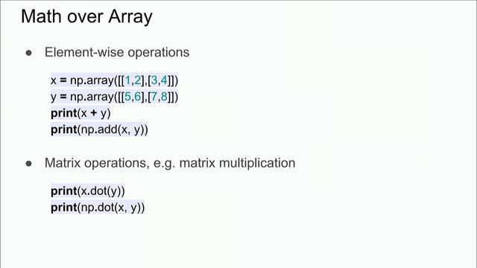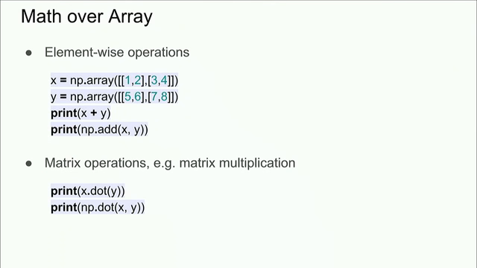Basically, the matrix operations can be decomposed into two categories for NumPy arrays. The first one is the element-wise operation, meaning if you have two matrices with the same shape, you want to perform a specific math operation between the corresponding elements in these two matrices.